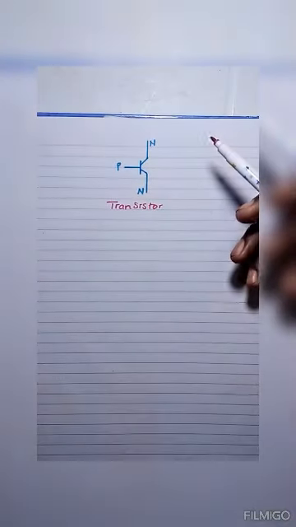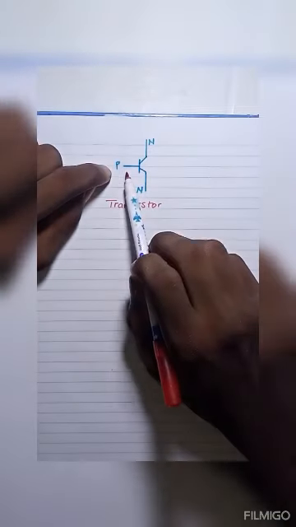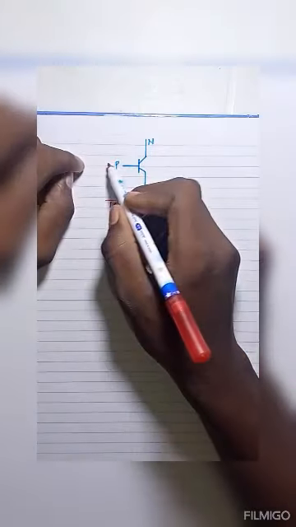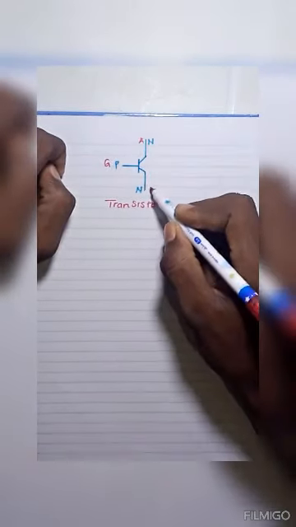I'll start by explaining how current flows in a transistor and how it is being triggered. So we have a transistor like this, for example, an NPN transistor. Here is the gate, and now an NPN transistor works in such a way that the gate must be triggered for current to flow from the anode here to the cathode.